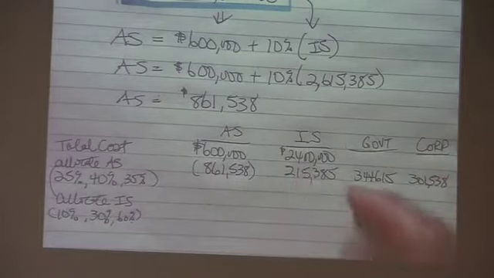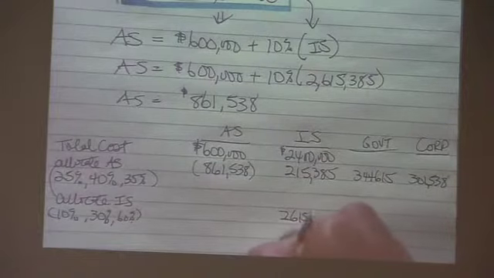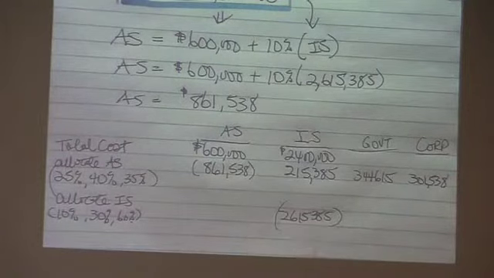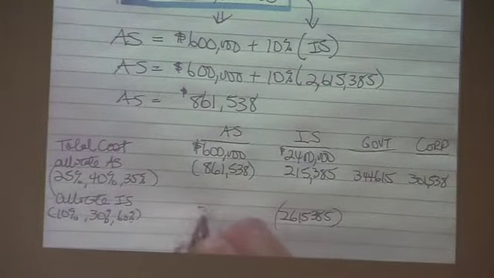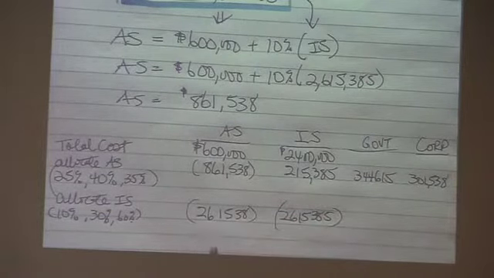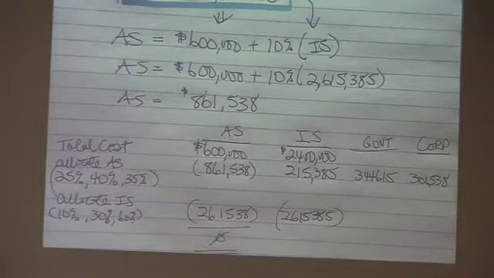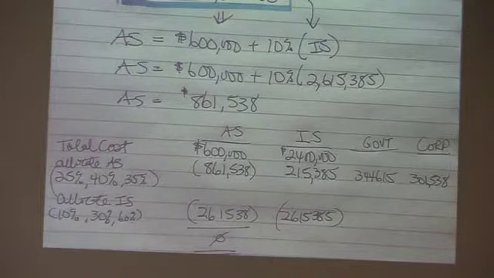By the way, the amount we're going to allocate is 2,615,385, the amount that we calculated. And 10% of this is 261,538. And miraculously, this is 0, because that's what the reciprocal method is. It allows us to incorporate that for the two support departments, we need to allocate costs to each of the support departments that each of the support work is supplied to.